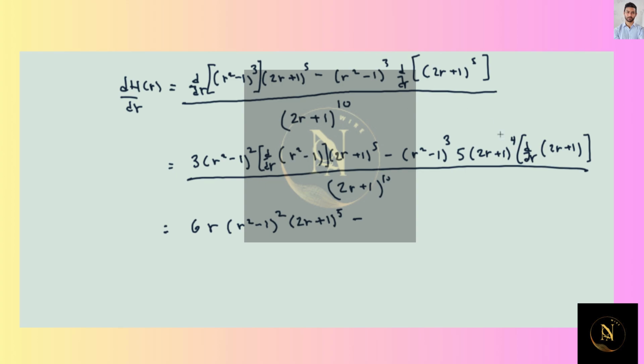Minus, let's first calculate the second derivative. The derivative of 2r plus 1 will simply give us 2. So minus 10 times (r squared minus 1) to the power of 3 times (2r plus 1) to the power of 4. And all this will be divided by our same denominator.